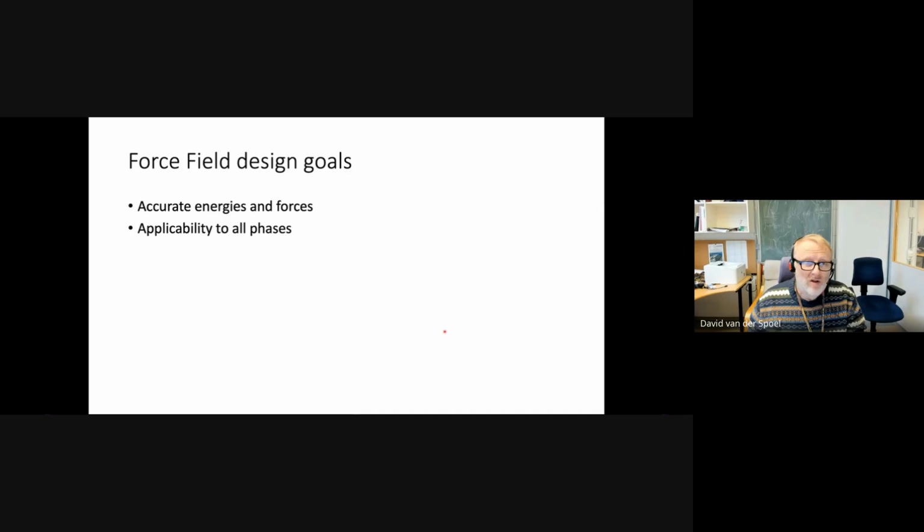So even though a liquid phase would be enough for most of these things, it's not a one-phase system. So the chemistry is actually quite complicated, and therefore, if we have models that can work in all phases, that will be to our advantage in many applications.